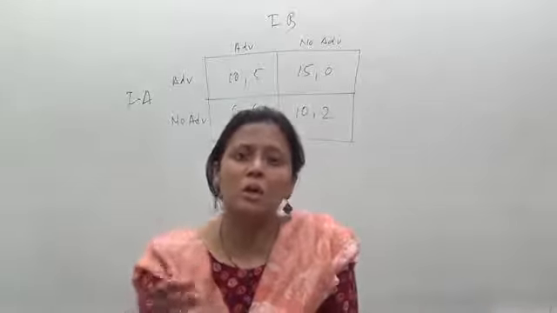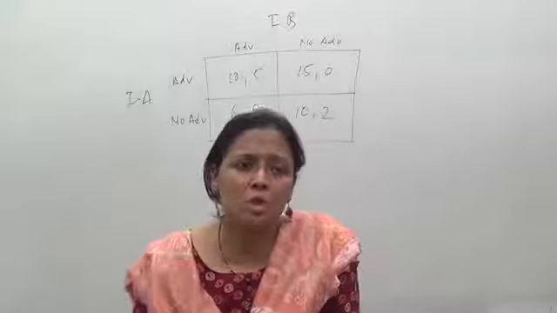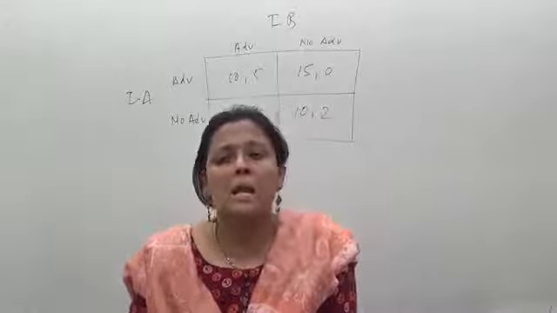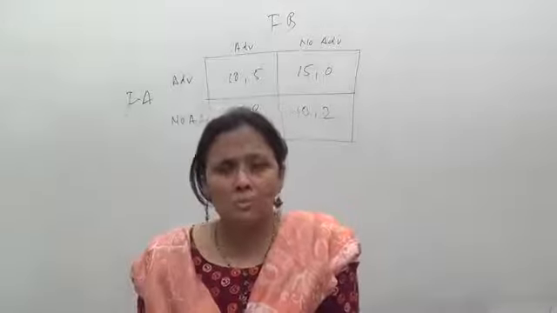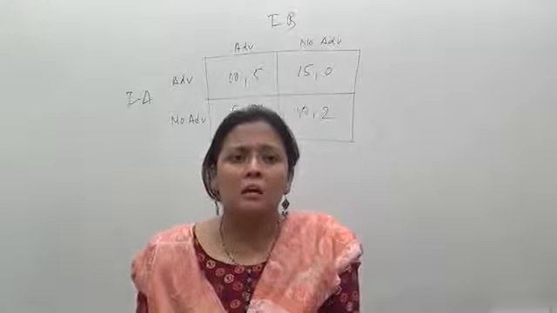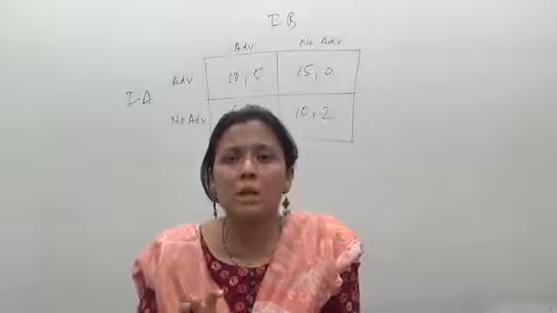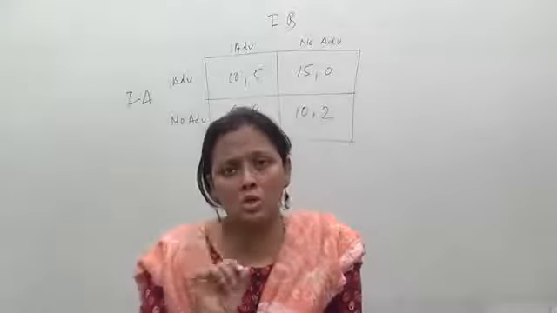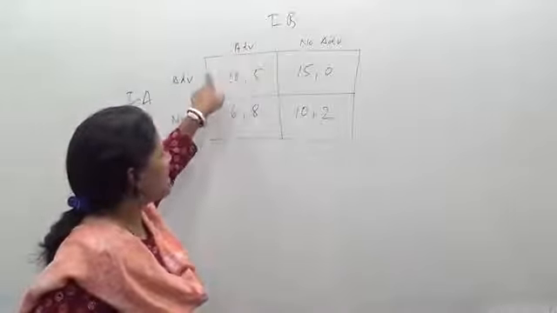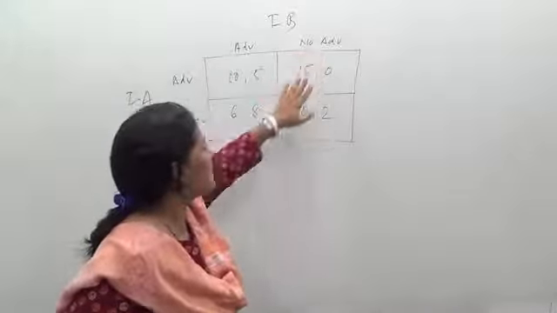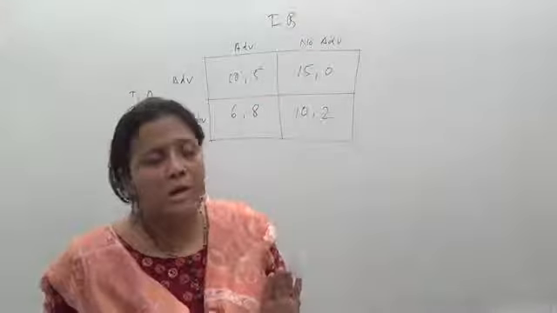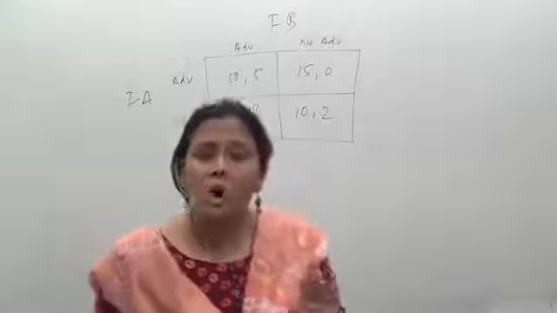In this way, in game theory there are two broad ways in which the solution can be made: the dominant strategy equilibrium and the Nash equilibrium. In the dominant strategy equilibrium, both of them settle down with one common solution. Suppose both parties advertise or both do not advertise, and both get the highest payoff, then it is called the dominant strategy.